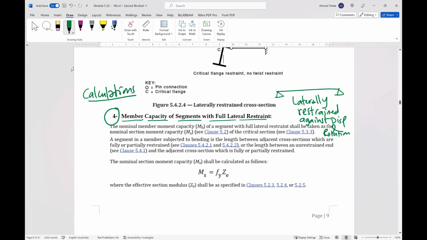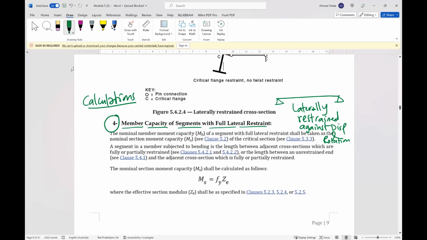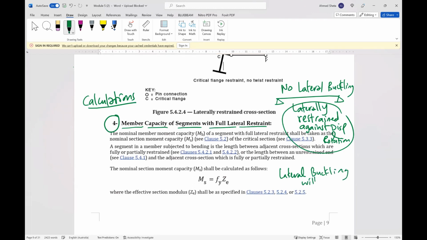And this will affect the member lateral restraint, because if it is laterally restrained, no lateral buckling will occur. But if there is no lateral restraint, lateral buckling could occur.